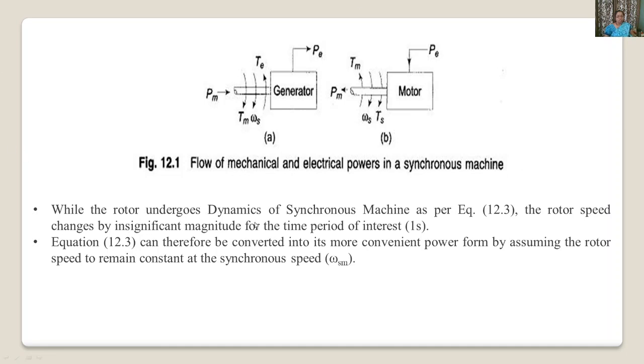While the rotor undergoes dynamics of the synchronous machine as per equation 12.3, the rotor speed changes by insignificant magnitude for a time period of interest, that means 1 second. The equation can therefore be converted into its more convenient power form by assuming the rotor speed to remain constant at synchronous speed omega Sm.